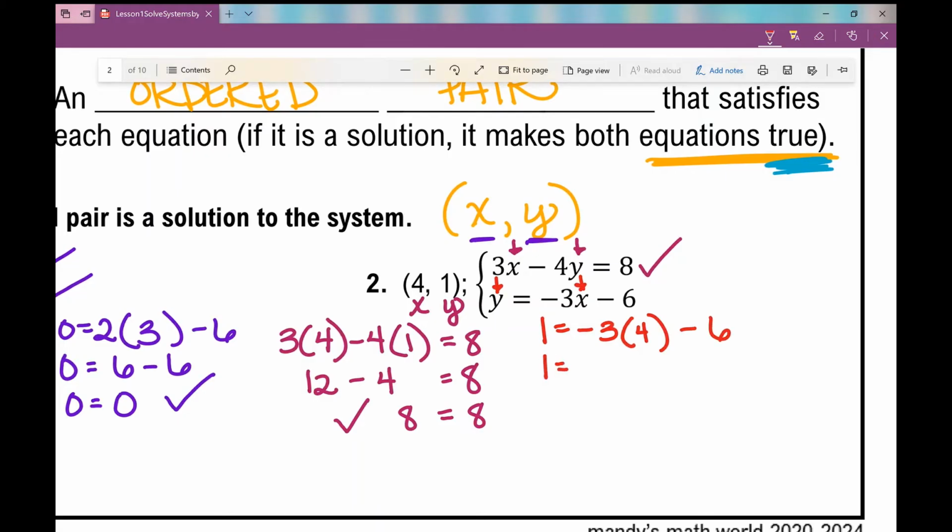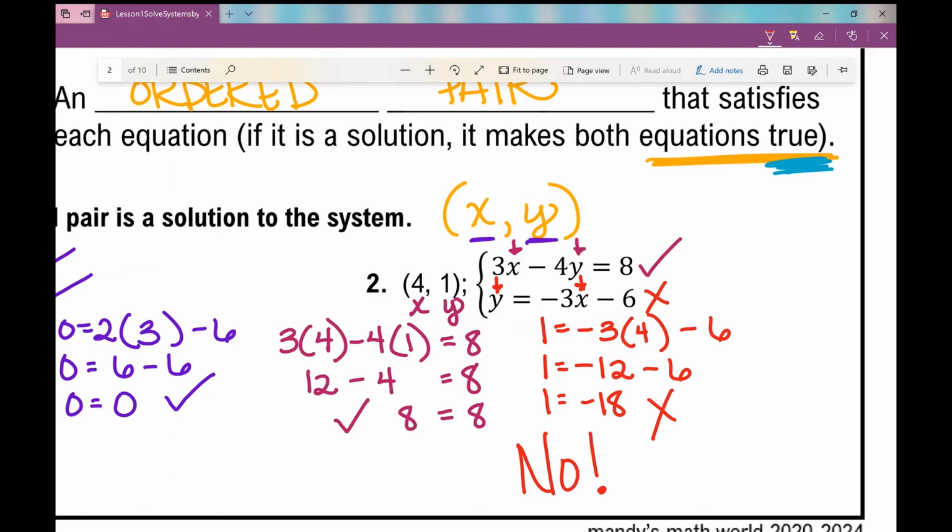So 1 equals negative 3 times 4, which is negative 12, minus 6 is negative 18. Does 1 equal negative 18? No, it doesn't. It does not satisfy that equation. Therefore, this ordered pair is not the solution to this system of linear equations.